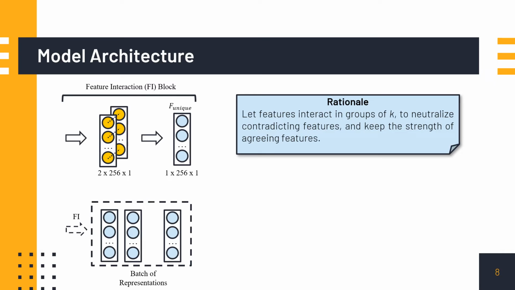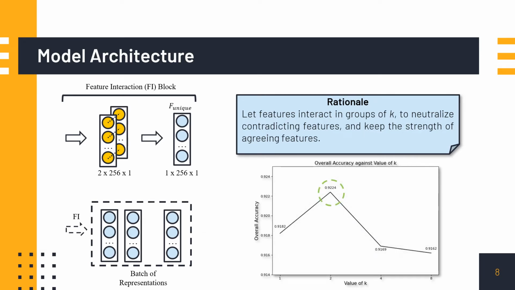So by aggregating these features into groups, we let contradicting feature abstractions neutralize each other, while retaining the strength of agreeing feature abstractions. We experimented with different values of K and found the optimal value to be 2.